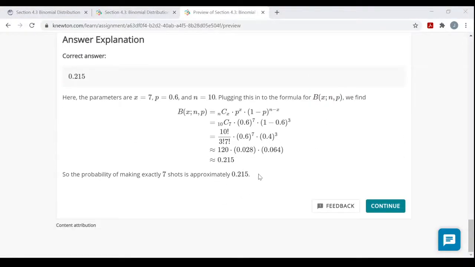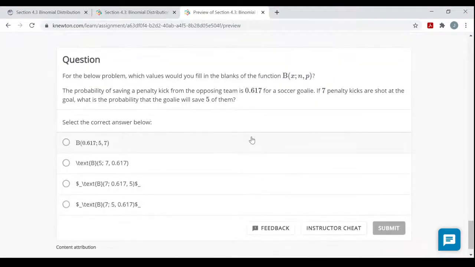And they go through the whole calculation here and all that. Okay. So another one. Now they're just asking for the notation. For the problem below, which values would you fill in the blanks of this? Remember, X represents the number of successes, N is the number of trials, P is the probability of success on one trial.